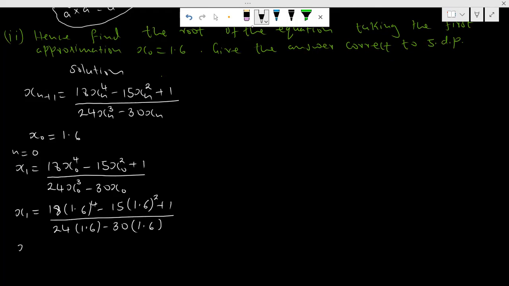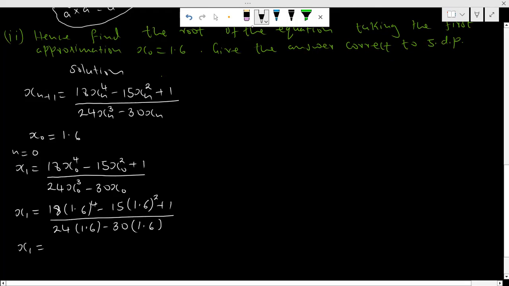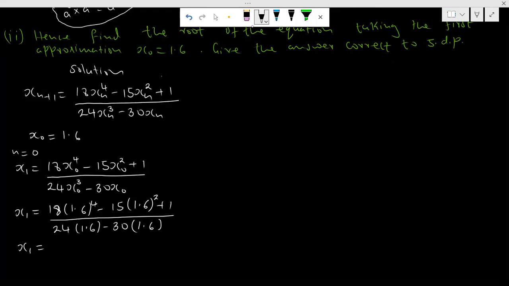So we compute 18 times 1.6 raised to the power 4 minus 15 times 1.6 squared plus 1, then put this over 24 times 1.6 cubed minus 30 times 1.6.